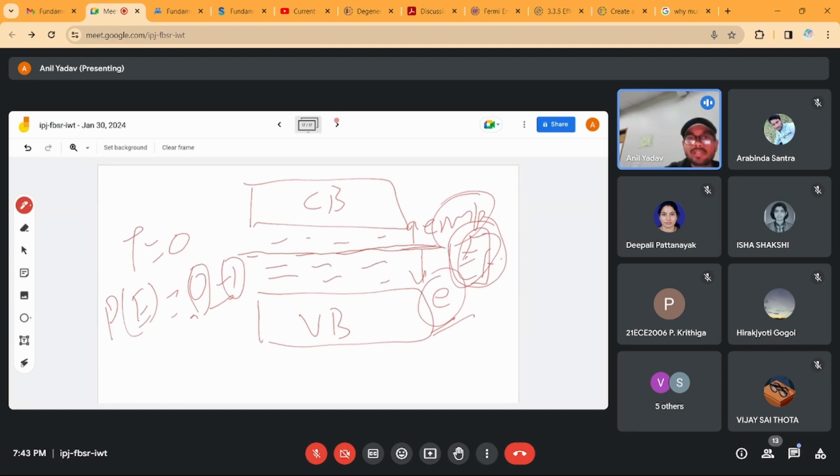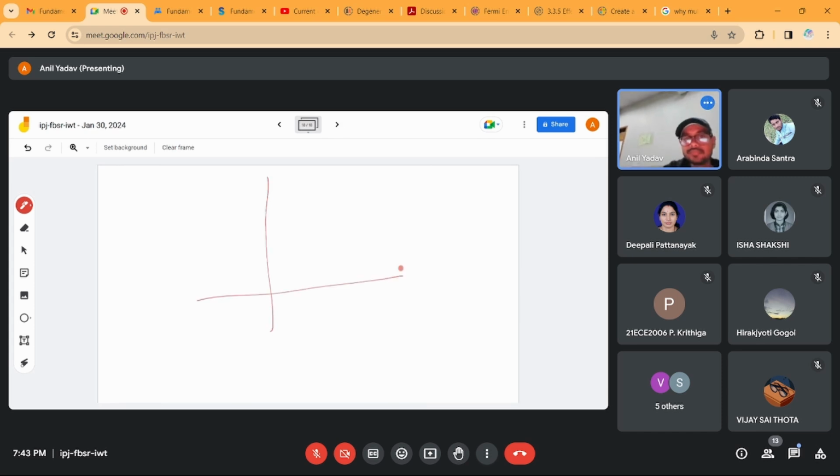So if we plot the graph, this is the E axis, and this is the probability axis from 0 to 1. Below EF, this is 1. What is the probability of finding an electron below EF?